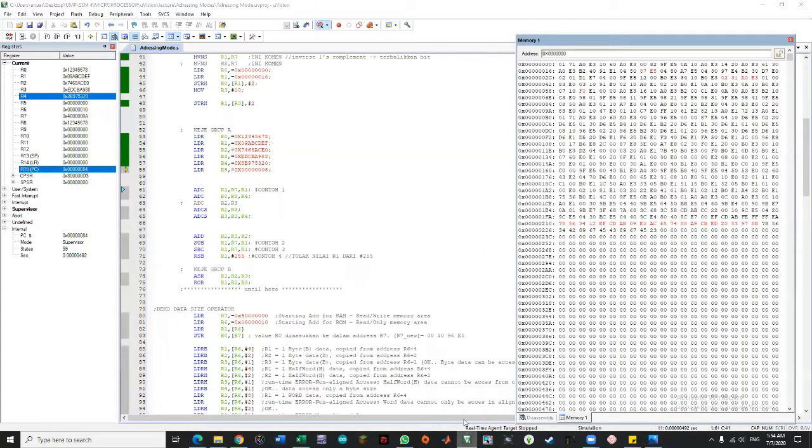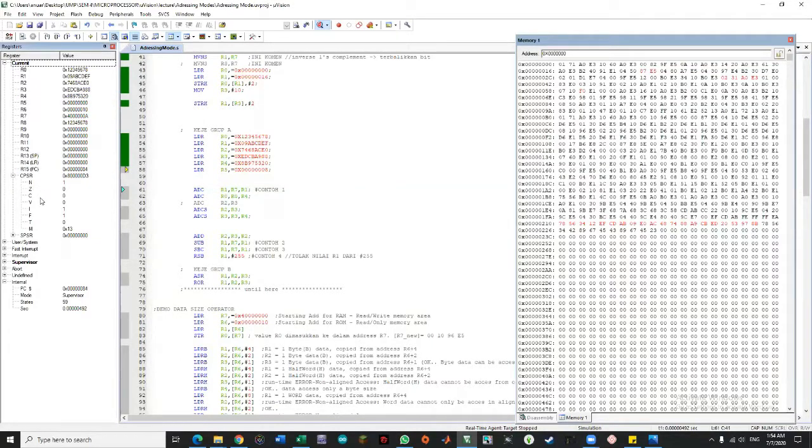S is for the NZCV information, or the flags. If the flag is set, it will update the N, Z, C, or V flags.